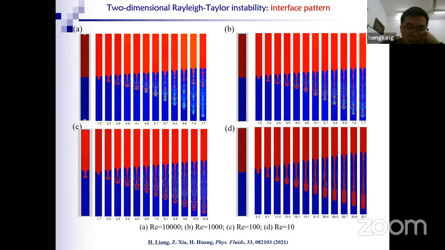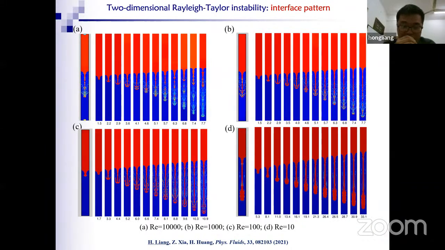That is a very good question. As we all know, if we want to simulate the late-time stage of the Rayleigh-Taylor instability, the height of the mesh should be very large, so the computational cost is very large.